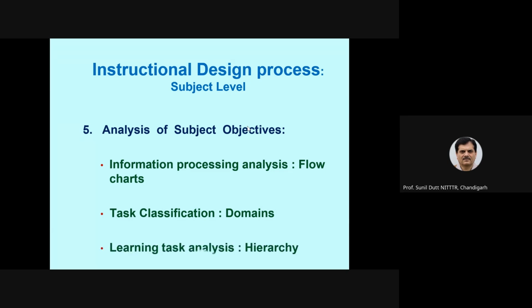And thirdly, learning task analysis, that is you will see the hierarchy. It is undertaken to reveal the enabling objective, that is the learning outcome, for which decision concerning teaching sequence is required to be made.